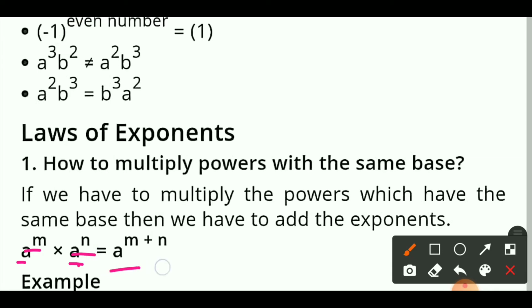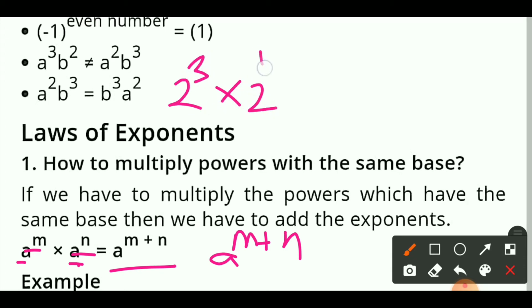In that condition, we take the base common and add the powers. For example, 2 raised to power 3 multiplied by 2 raised to power 4. Without any calculation, take 2 common and add these powers: 3 plus 4 equals 7.